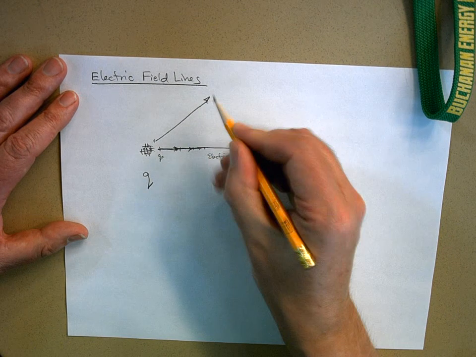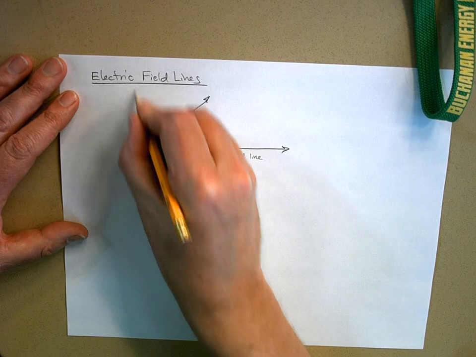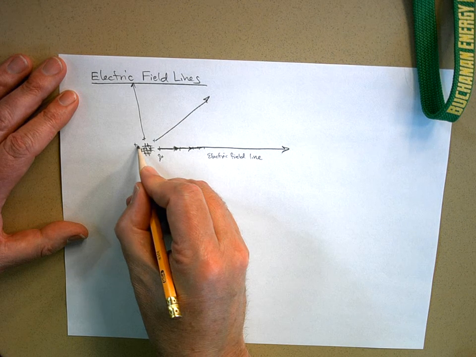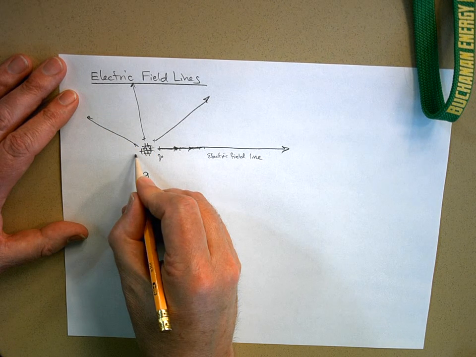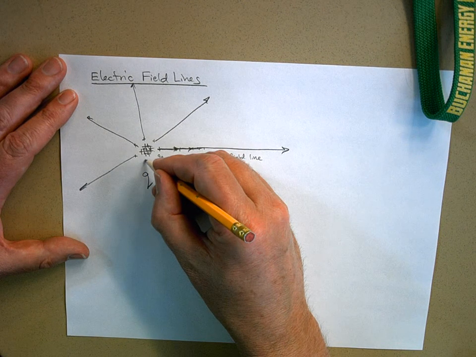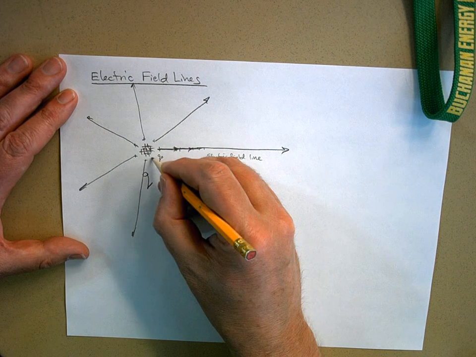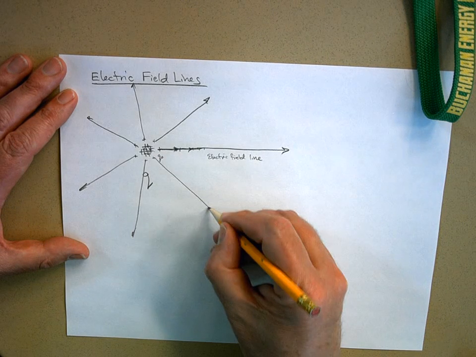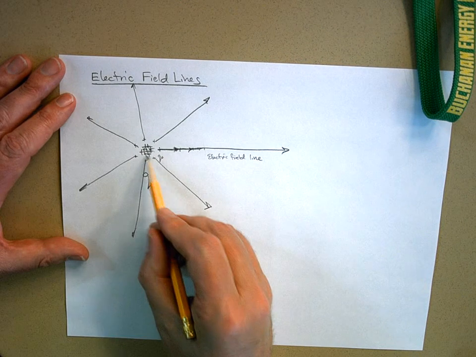What if I started here instead? See how it's pushing it away? So I get this nice symmetric pattern of electric field lines away from my charge Q.